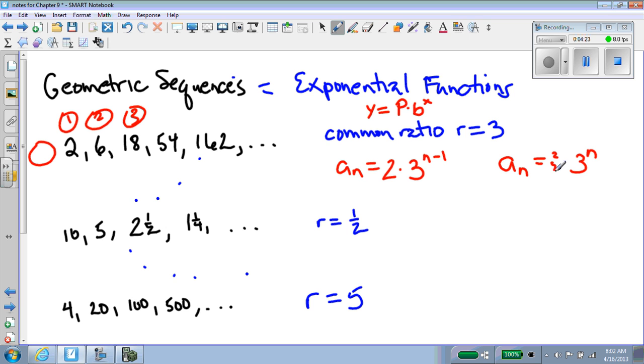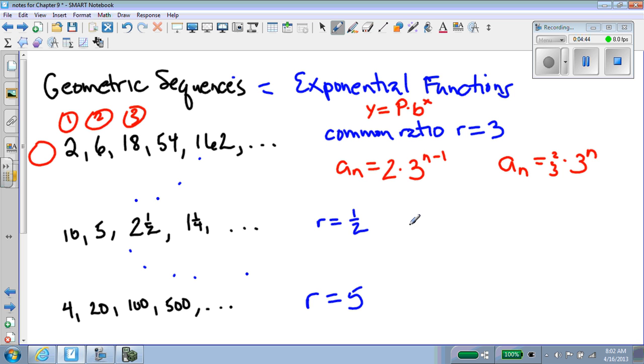So this would be 2/3. And you have to decide who you are. Do you like it better this way so that your first term appears here? Then you always have to have n minus 1 as your power. If you want to have n as your power, then you have to be willing to think about what term would have come before your first term.